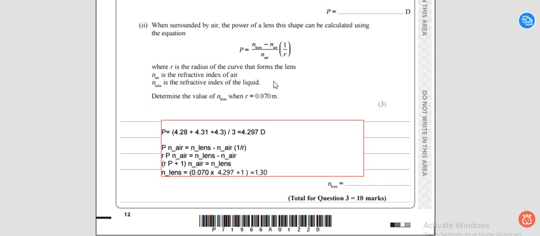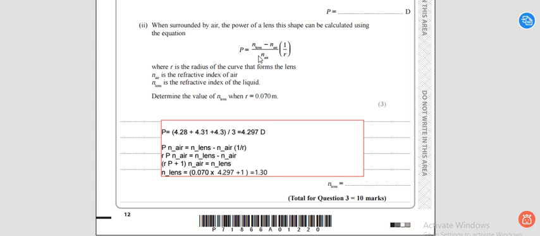Here is a relation for how to get B in terms of the refractive index of the liquid and air and the radius of curvature for the container. N liquid is given, and N liquid is wanted if R is given.